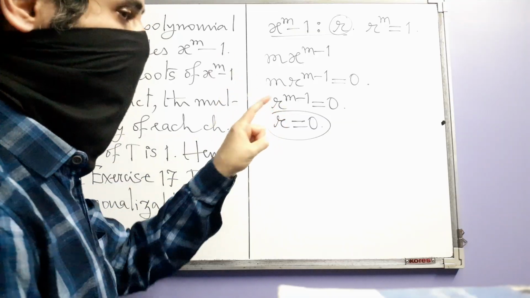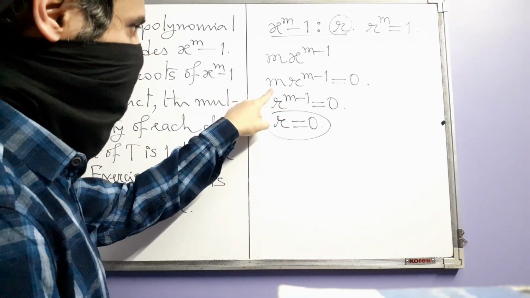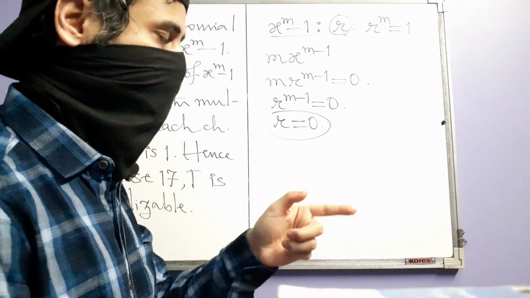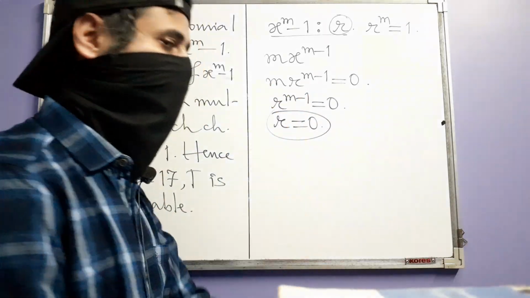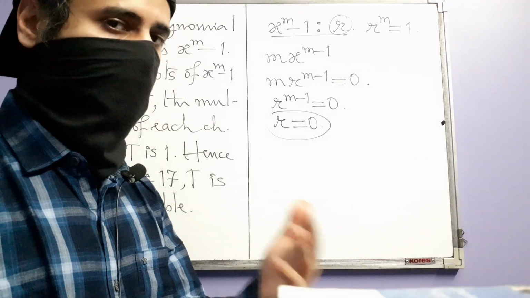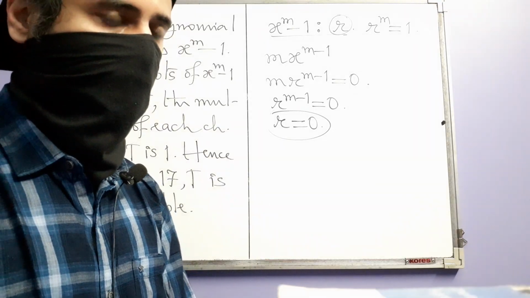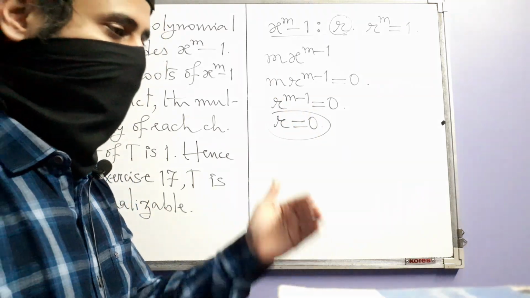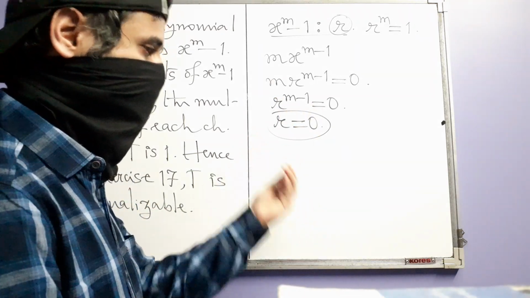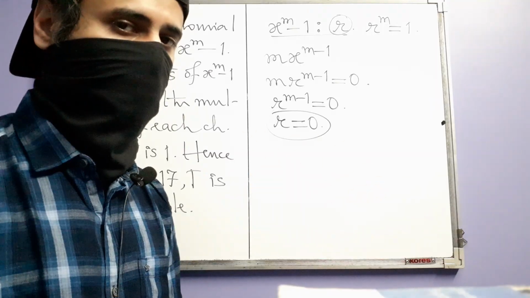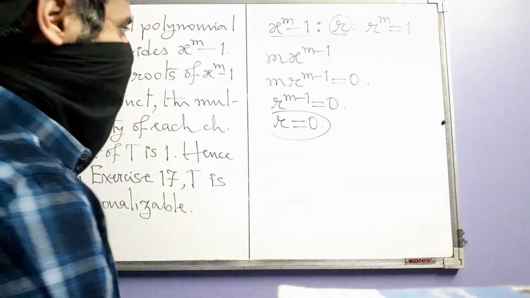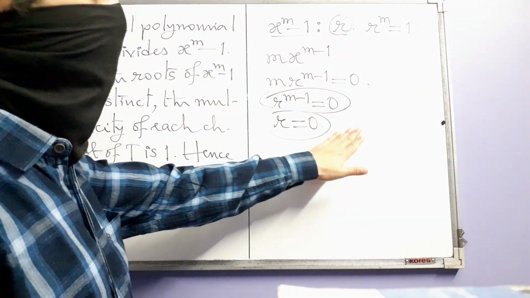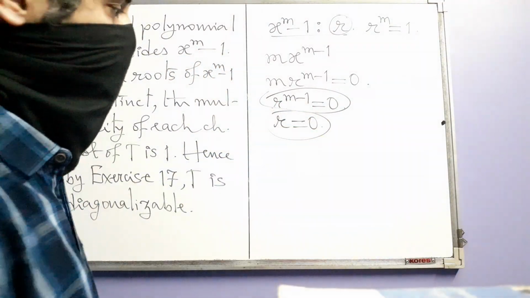Since the field has characteristic 0 and m is a positive integer, m times anything will be 0 only when that thing itself is 0. Otherwise the field will have finite characteristic. In a field of characteristic 0, that never happens. You add a non-zero something to itself any finite number of times, you are never going to get 0. So that's how we get r equal to 0, and that's where the fact that F has characteristic 0 plays a role.